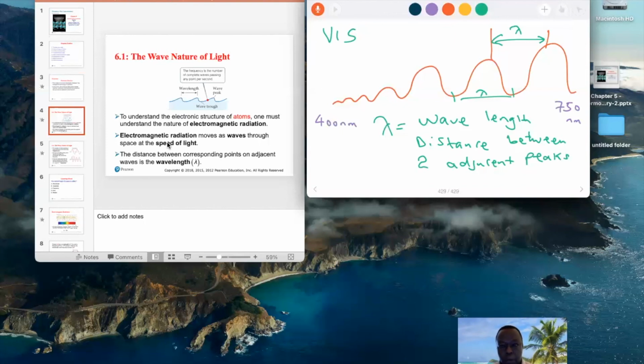This is how the colors of light are arranged according to increase in the wavelength.